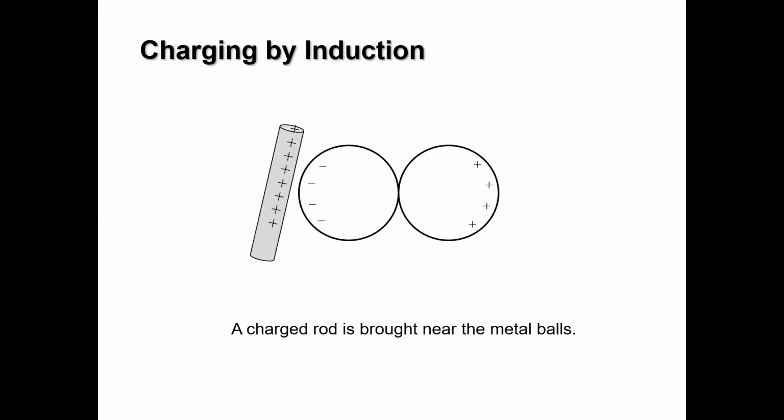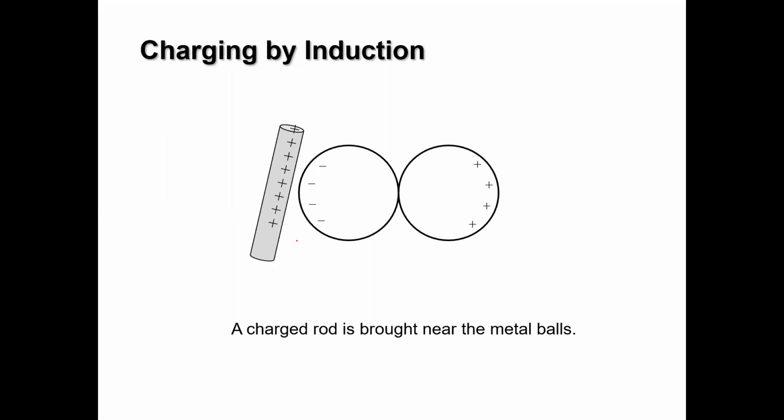We have this positively charged rod, and when we bring the rod near the metal ball, the charged rod attracts all the negative charge towards it and repels all the positive charges away from it, which we call polarization. So there is polarization of charge.